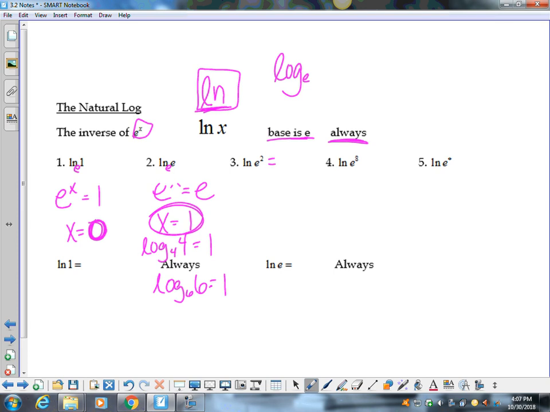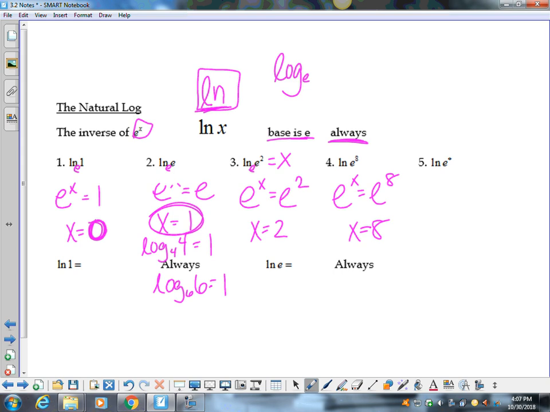If I set this one equal to x, and his base is an e, so e to the x equals e squared, well then x would have to be a 2. Same thing here. E to the x equals e to the 8, so my x has to be an 8. Then this one is ln of e to the star.